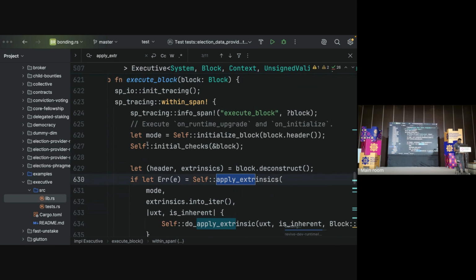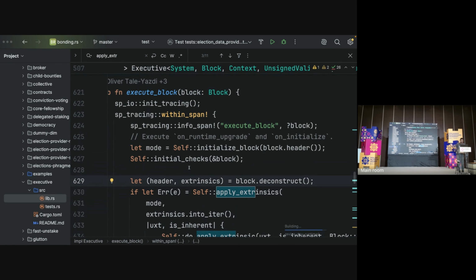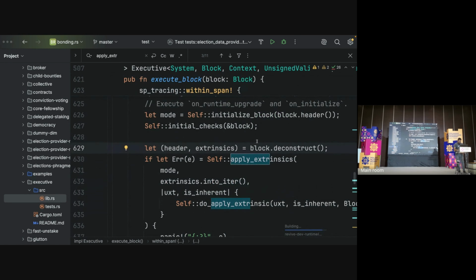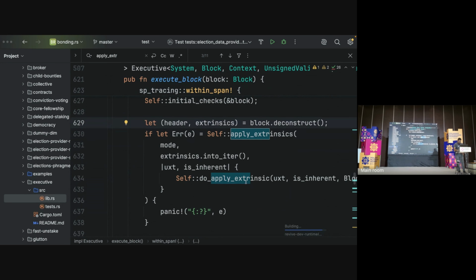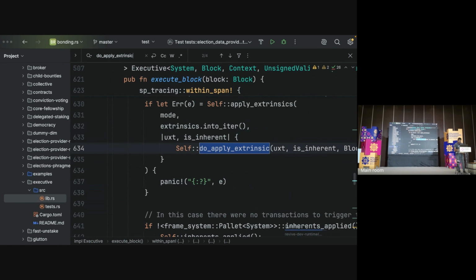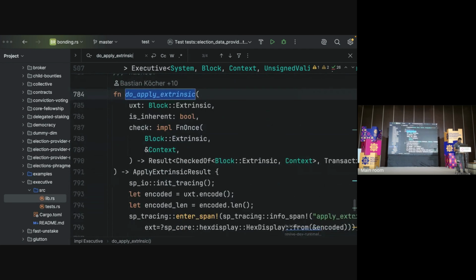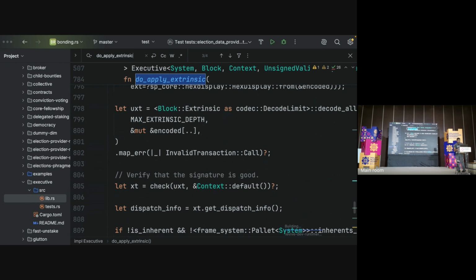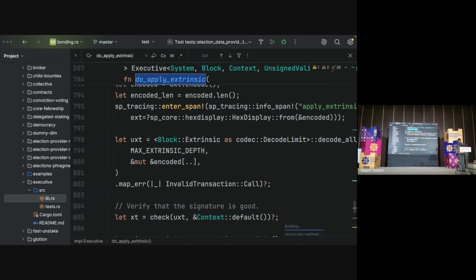So we get the extrinsic. I think this is where we are importing the block. We get all the extrinsics and we apply. Let's see what we do in apply. Okay, I think this is something interesting to show.